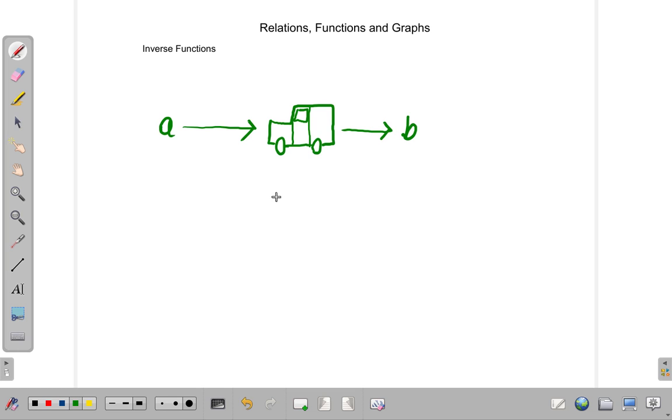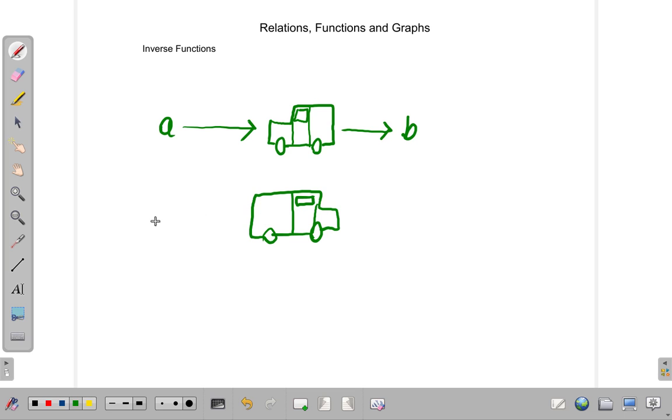But let's say you want the truck to turn this way. All right, I have my front wheel, my back wheel, and the driver door, and the driver window. I turn my truck around.